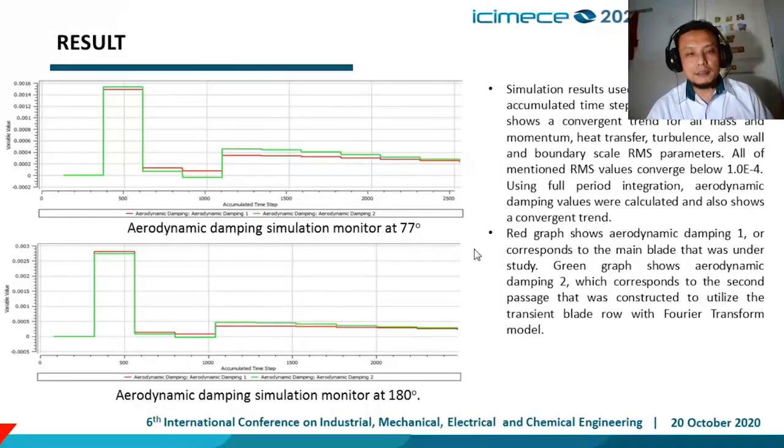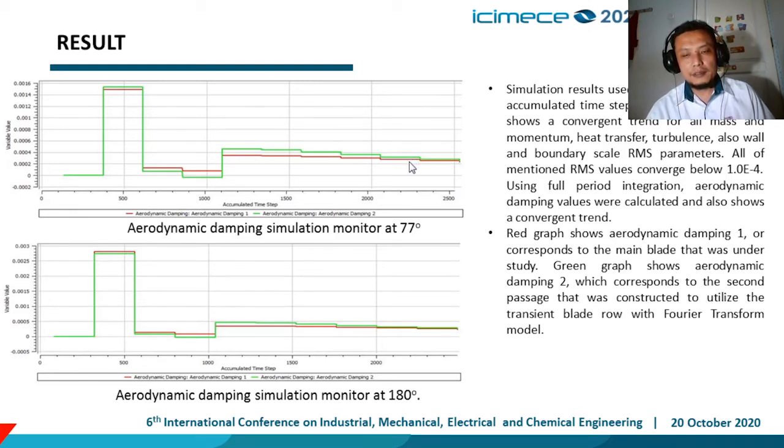So this is, as we explained before, simulation result of flutter analysis at a cumulative time step of 2400 or 10 period. So convergent trend for almost momentum, heat transfer, turbulence, also wall, and boundary scale RMS parameter.